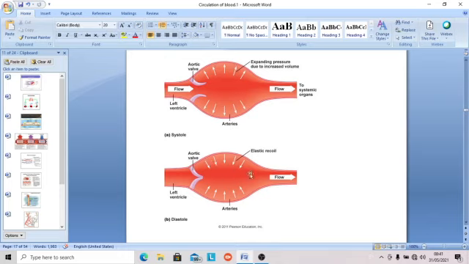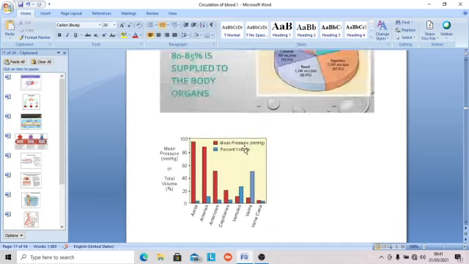This is very significant because the minimum pressure does not fall below 80, and blood is also there in the aorta because of the aortic expansion during the systolic phase. So some amount of blood at a pressure of 80 millimeters of mercury will go on supplying all the arteries arising from the aorta.